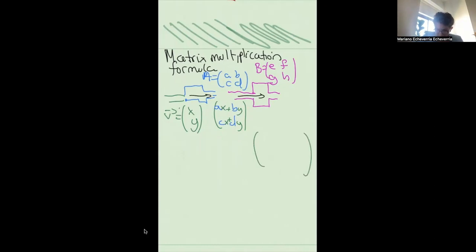These coefficients go into the first row, and these coefficients go into the second row. It's just that before, this coefficient was multiplied by x, but now x is all of this. That's where the difference lies.